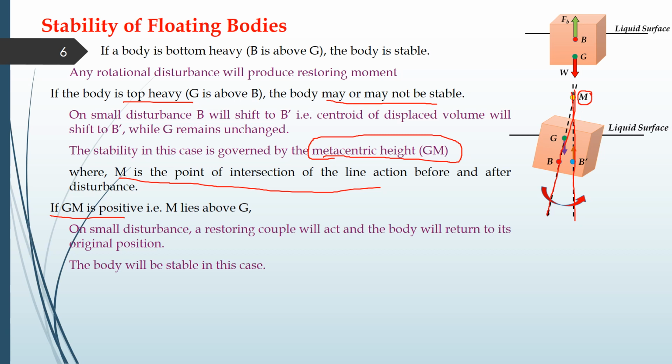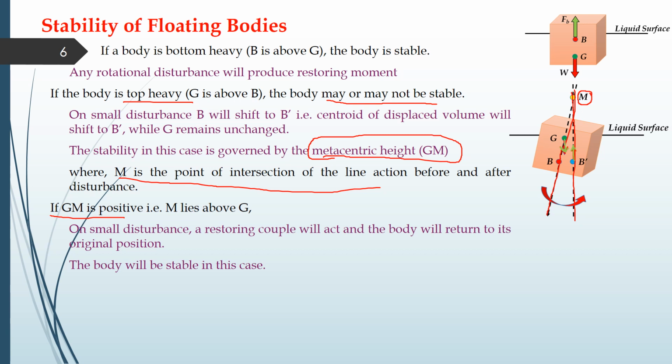How will the restoring couple act? See, this is the case after disturbance. Here you can see we have this force which is acting over here, and we have this buoyant force. So after disturbance, we have two parallel forces acting over here, one due to weight and one due to the buoyant force.